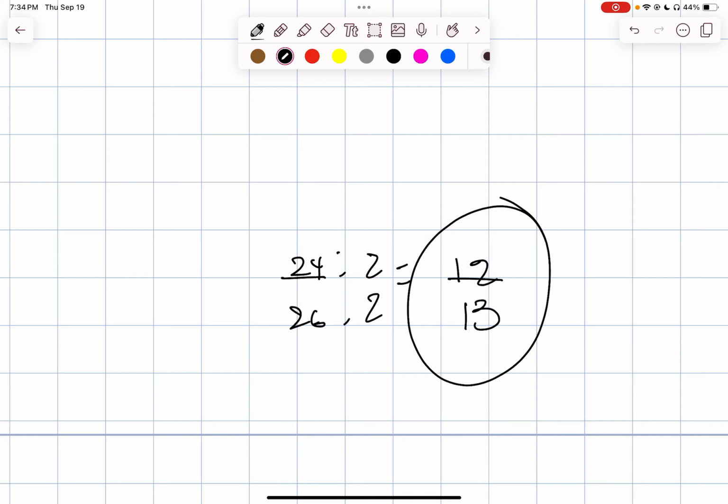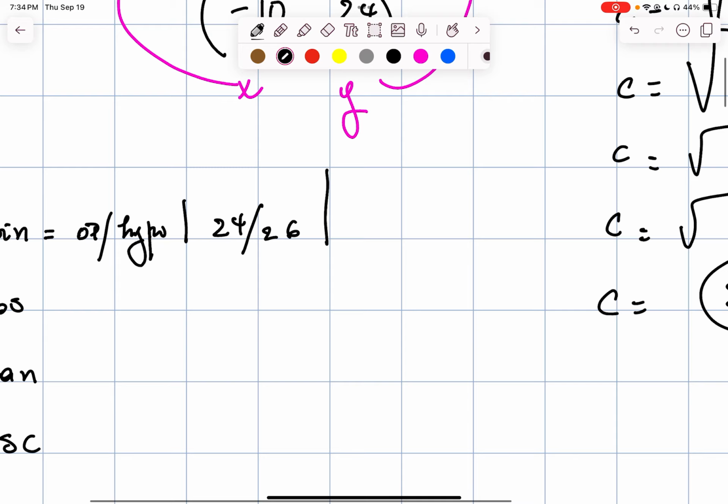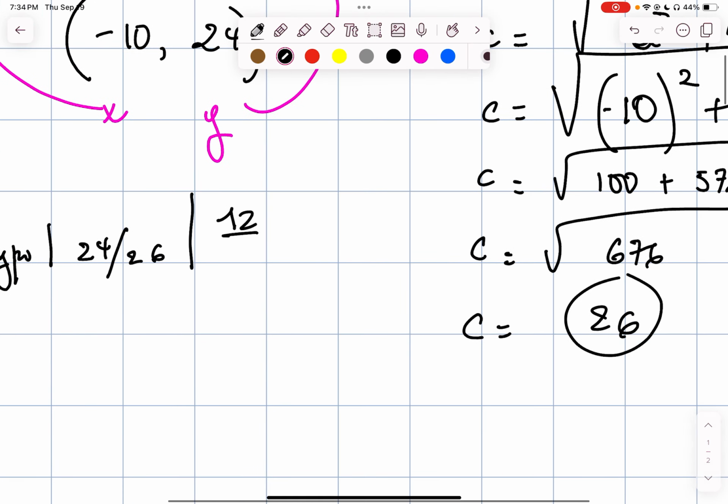You cannot simplify this further without finding a decimal number. So your first answer is 12 over 13 for your sine.